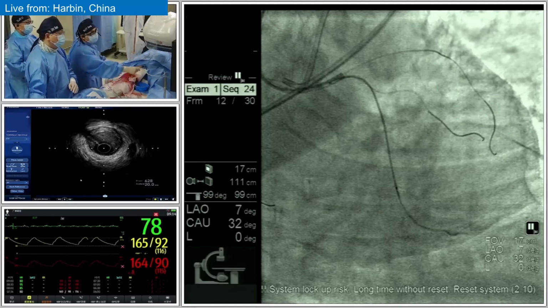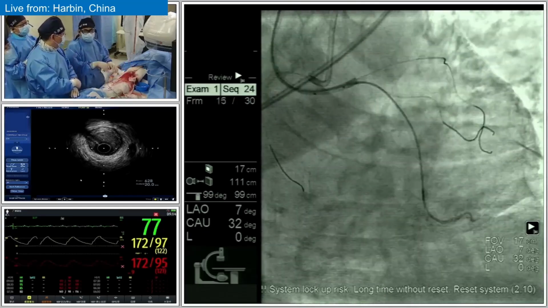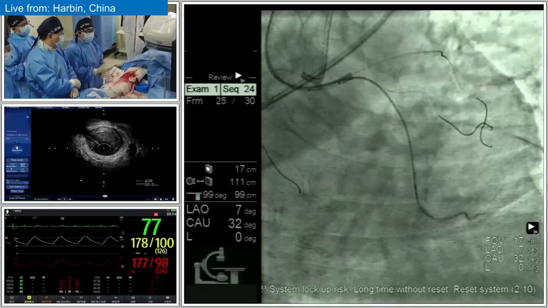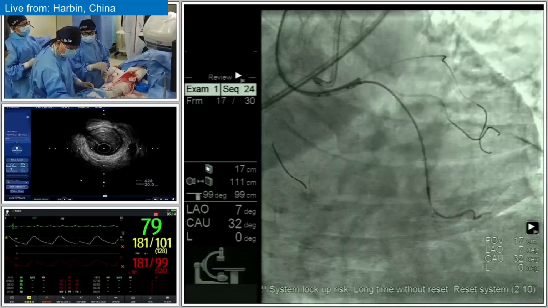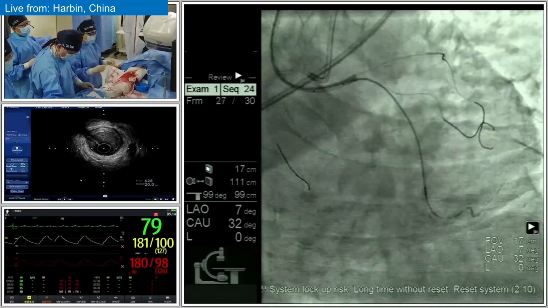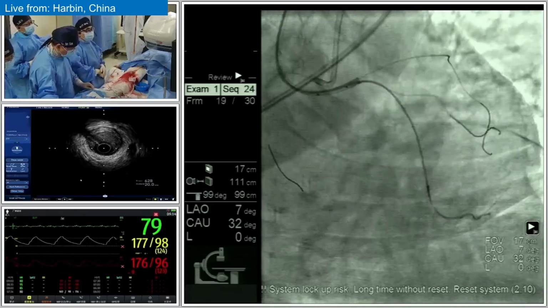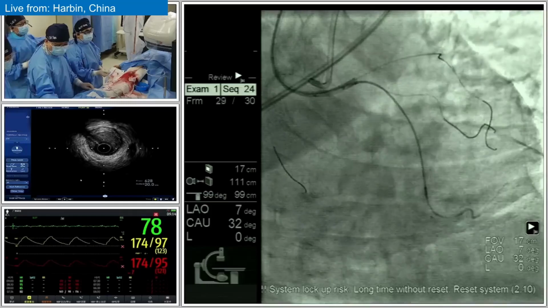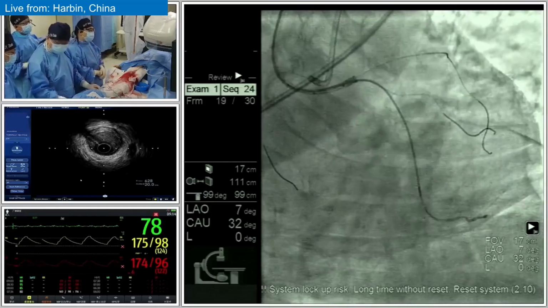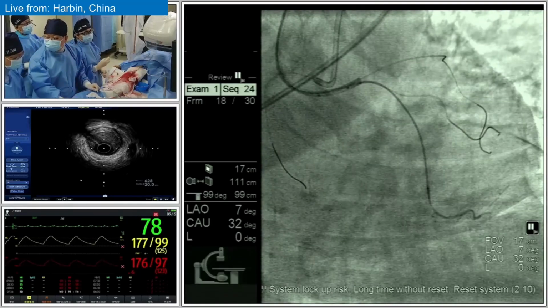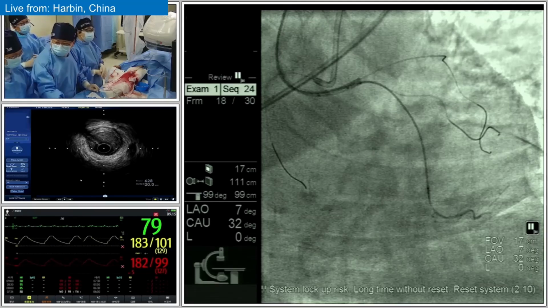In some cases, the wire enters the extraplaque space or the subintimal space, and then we will perform the ADR technique, that is antegrade dissection and reentry technique. But fortunately, for this patient, the wire advanced across the occlusion segment successfully to the distal true lumen.